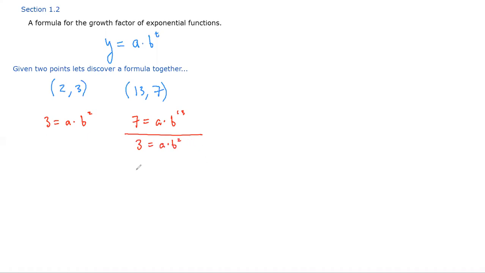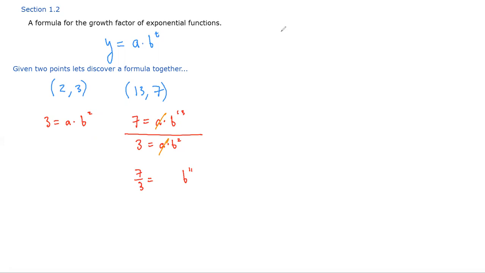We can see that we're just going to get 7/3. We'll have b to the 11th power, and wouldn't you know it, that a and the other a, murder occurs, and we're left with 1.